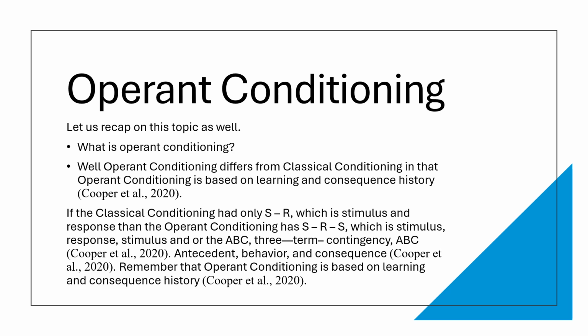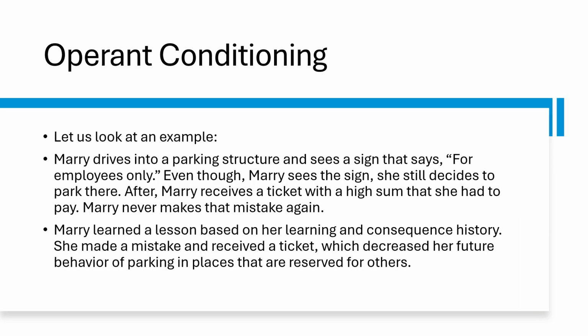If the classical conditioning had only stimulus and response, SR, then the operant conditioning has SRS, which is stimulus, response, stimulus, and/or the ABC, the three-term contingency. As you know, the ABC is the antecedent, behavior, and consequence. Remember that operant conditioning is based on learning and consequence history.